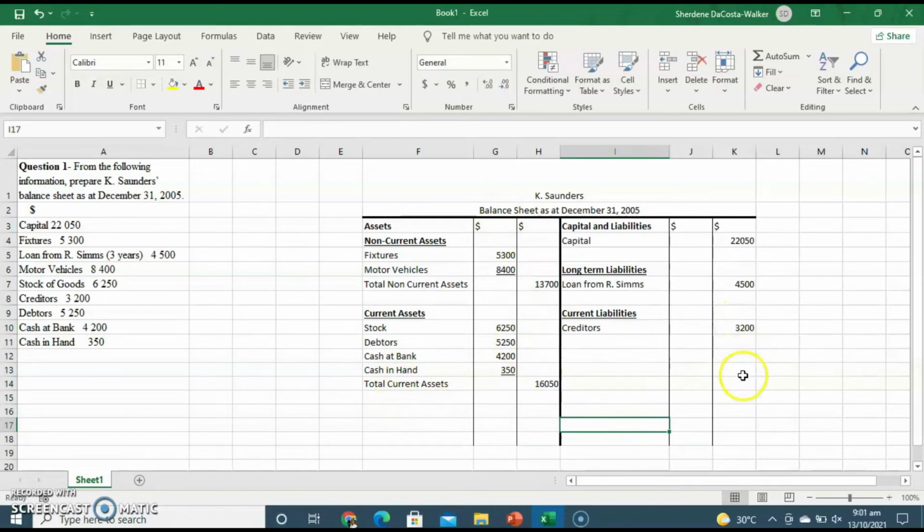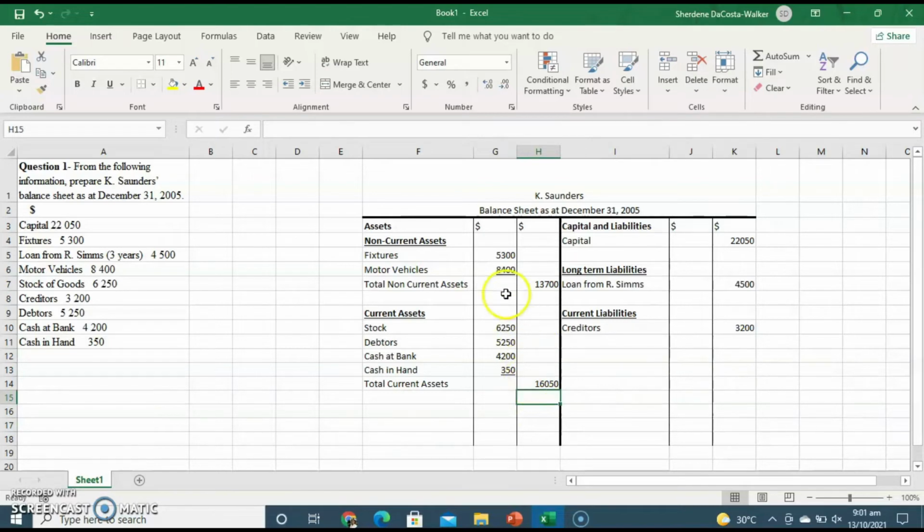Now, the task is to add up both sides. What I'm going to do is use the last row, the side that has the most information, to determine where I'm going to put my total. So I cannot put my total here and then have another total here.